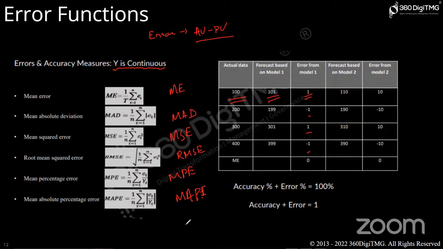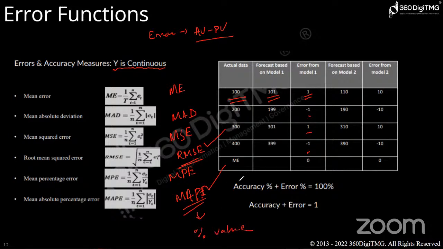So we are having so many error measures, out of which RMSE and MAPE are the two which are primarily used. But MAPE gives us a percentage value.